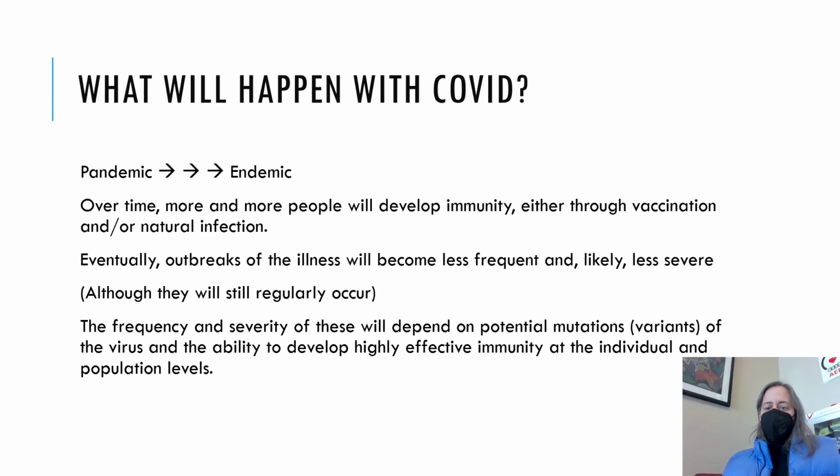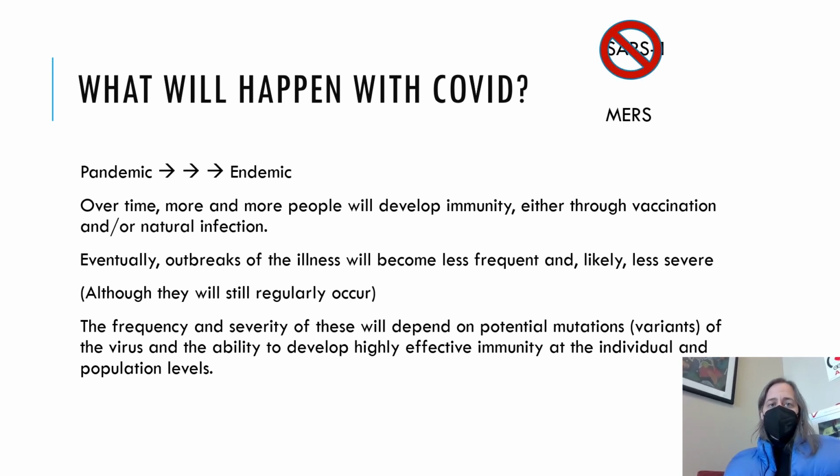So what's going to happen with COVID? Over time, COVID is never going to go away entirely. We're never going to be able to eliminate it. Initially, we thought we might, and not without good reason. The predecessors, the other viruses in the same family as SARS-CoV-2, SARS-1 and MERS, which is Middle East Respiratory Syndrome, we were able to totally clamp those down.